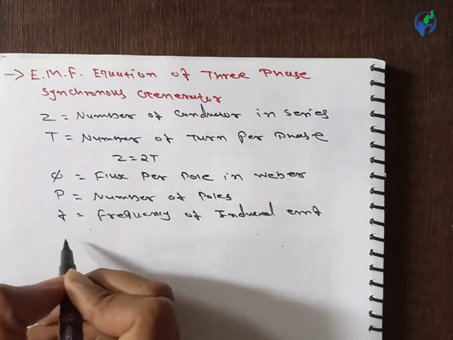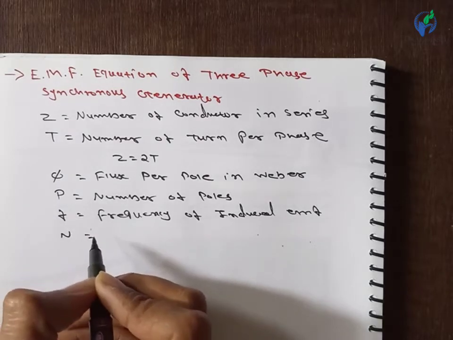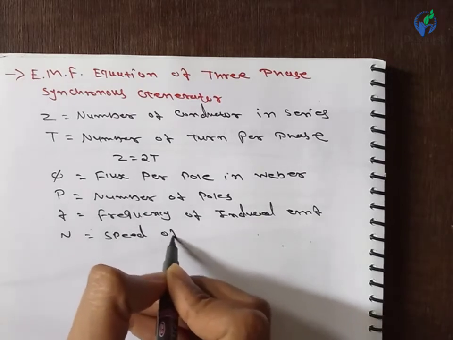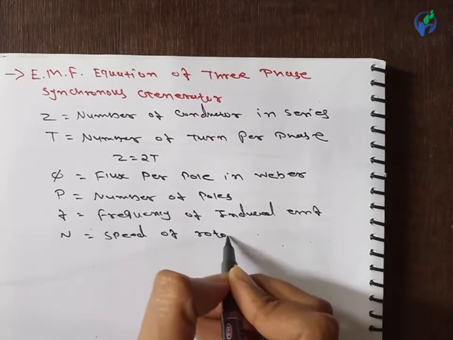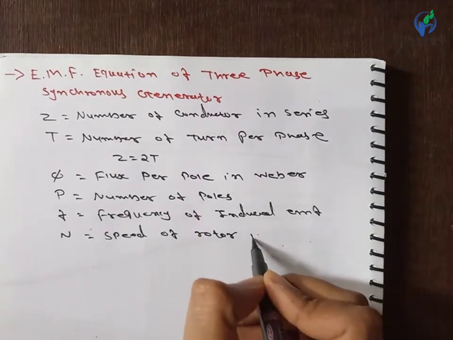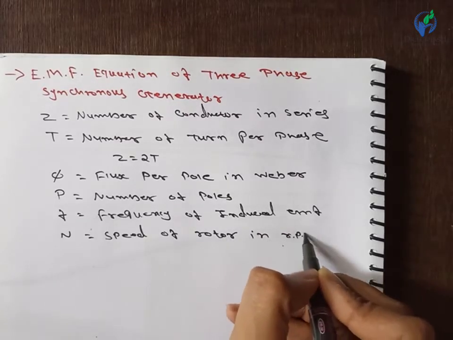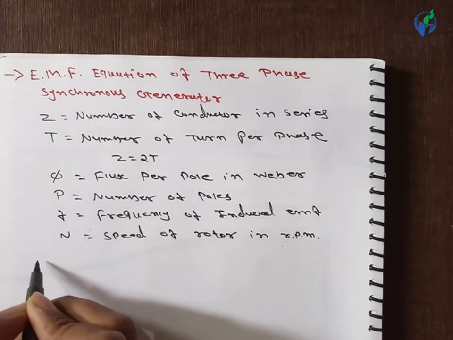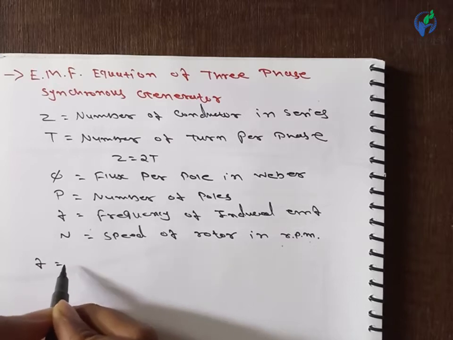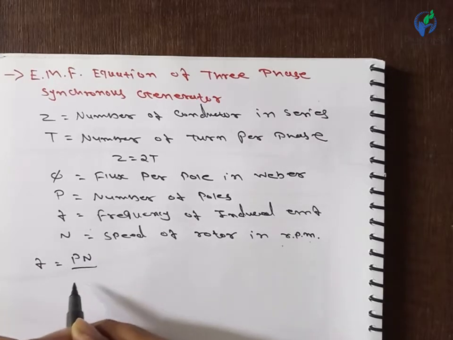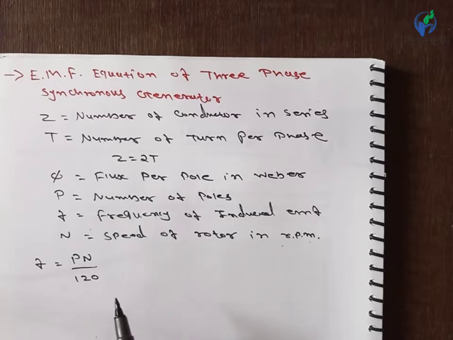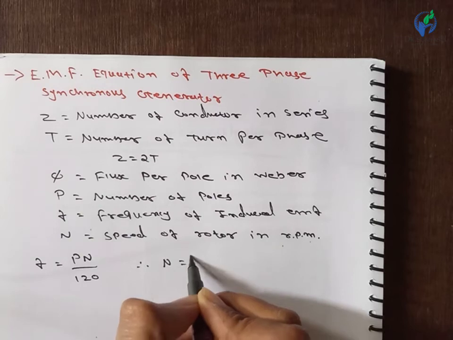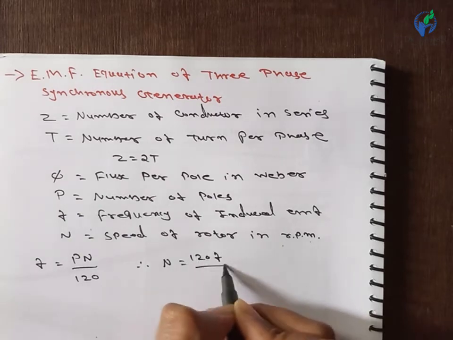And N is equal to the speed of the rotor in RPM. Now here we know that F is equal to PN by 120. So we can write that N is equal to 120F upon P.